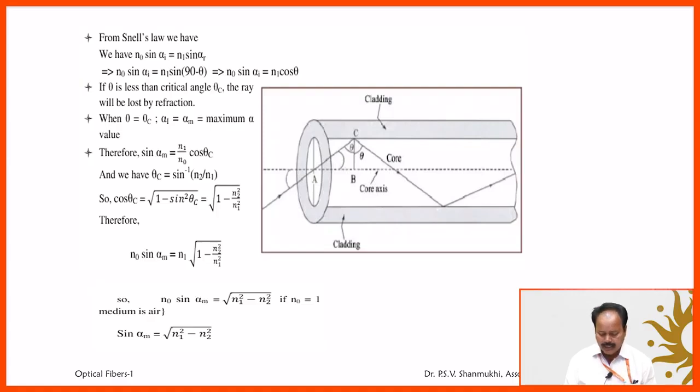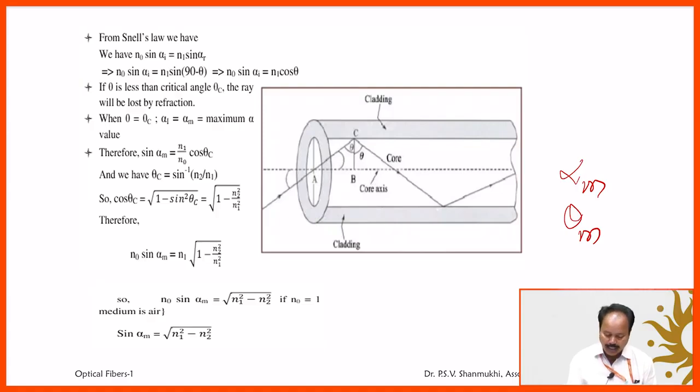What should be the incident angle so that the light undergoes total internal reflection? What must be the maximum angle? The maximum limit of the angle is denoted by theta m, and here we are taking alpha m. This is called the acceptance angle.